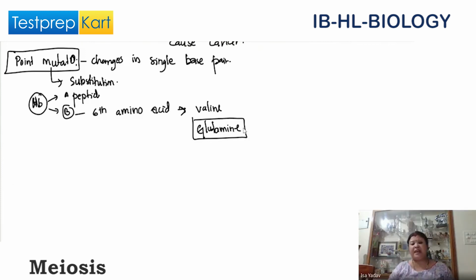Actually, glutamine should be present, but it is substituted by valine. So here the sixth amino acid in the chain is valine rather than glutamic acid. Glutamine or glutamic acid. This point is clear?